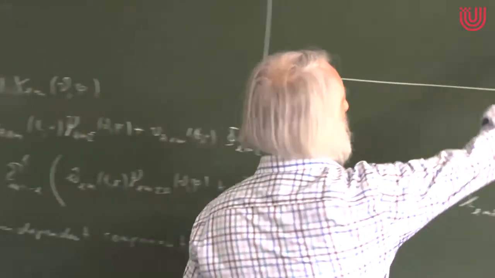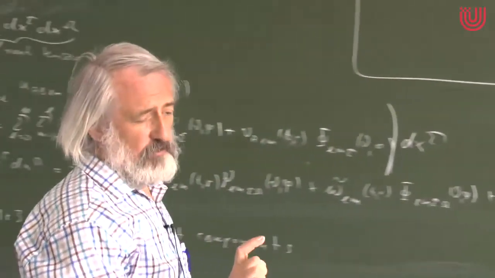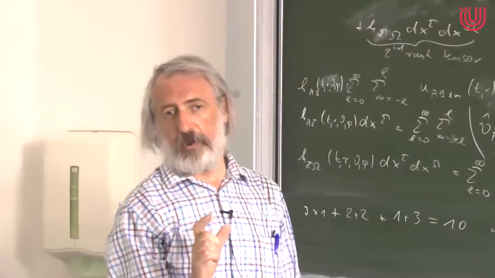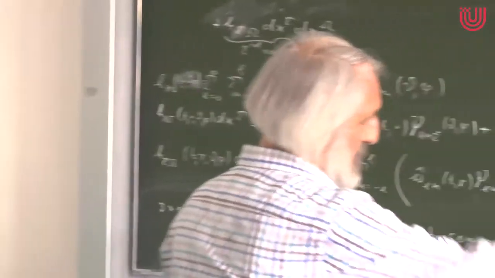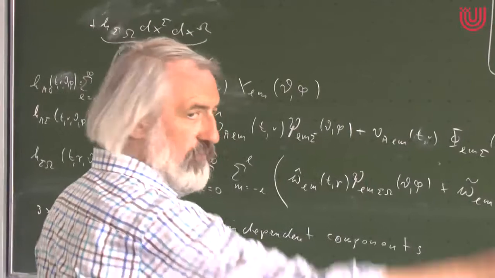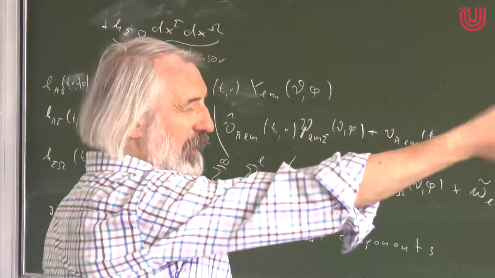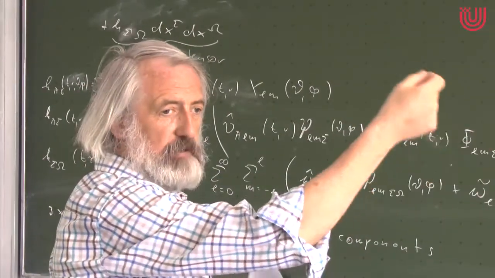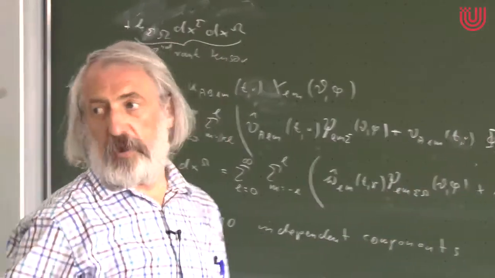What's a parity transformation? Parity transformation is just the spatial inversion. Yeah? Spatial inversion means I have my three-dimensional space parameterized with position vectors r, and now I invert each vector r. So I replace r by minus r. That's what is called a parity transformation.